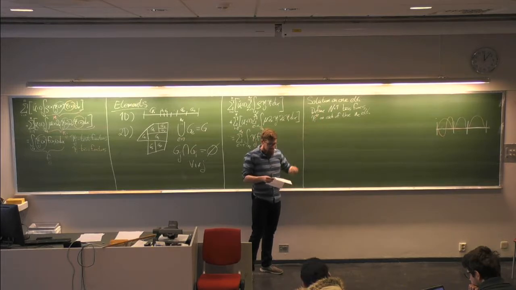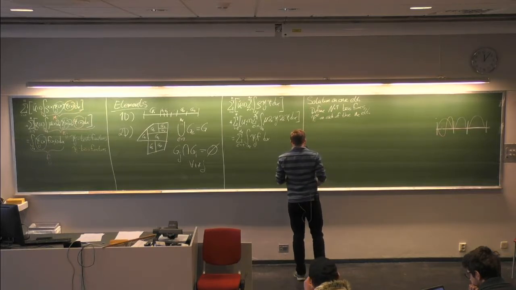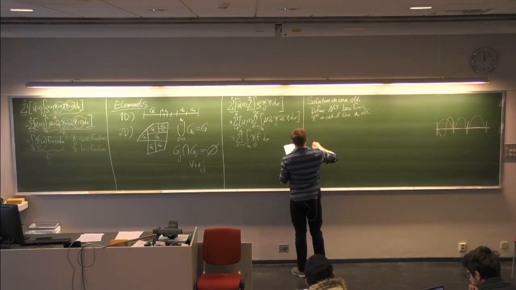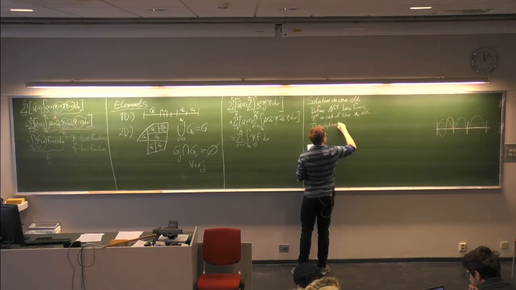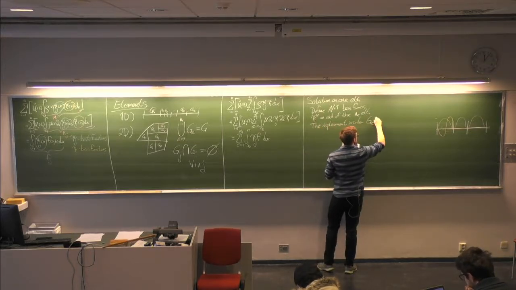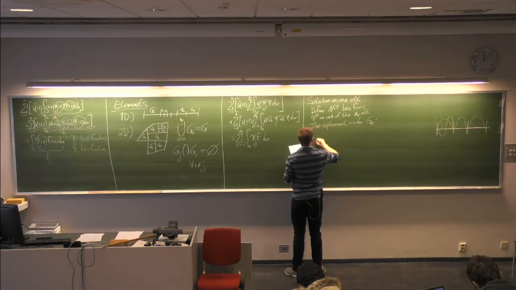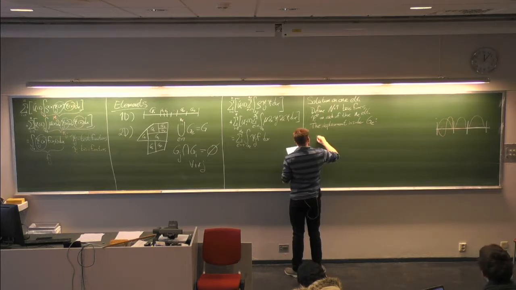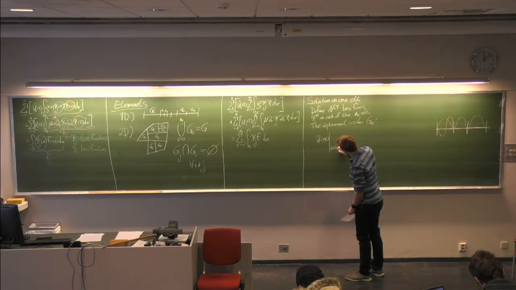So there's a lot of bookkeeping here. Then we have that the displacement inside element GE, because now we can actually decouple them, is approximated by U bar of T, where X is inside this element GE.